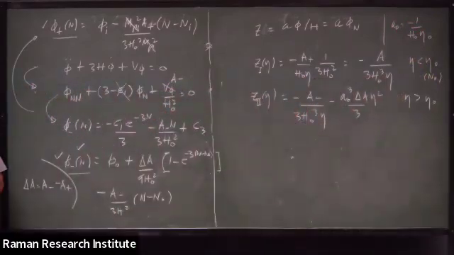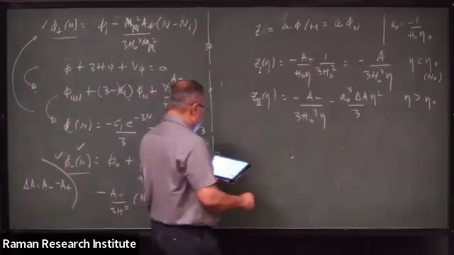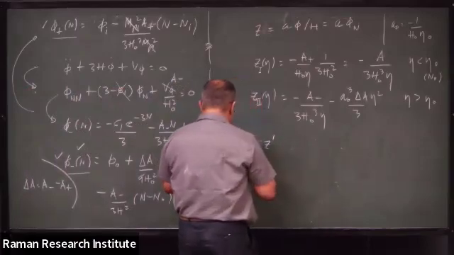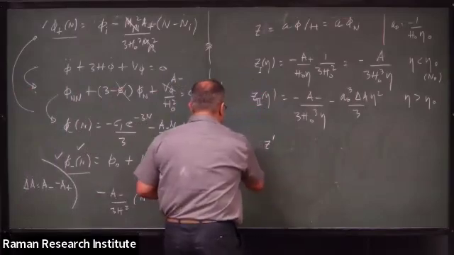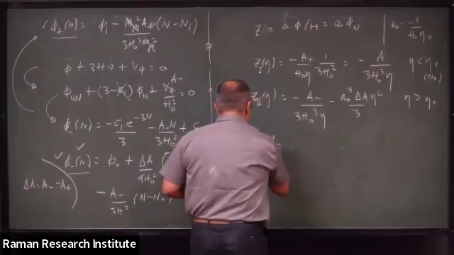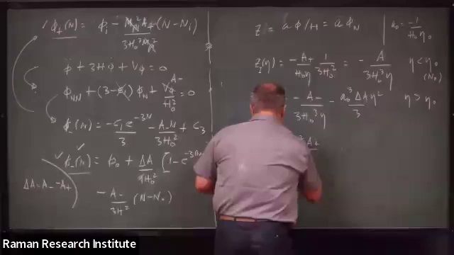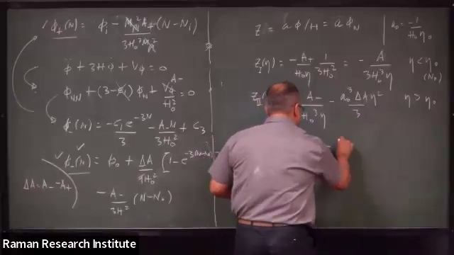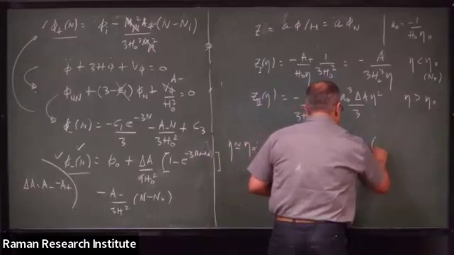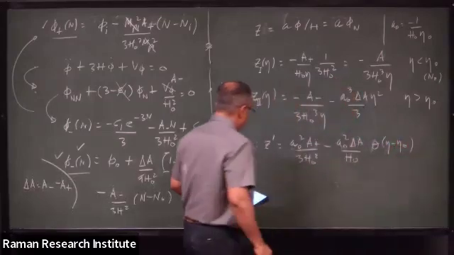All right. Now, what you find is that if you calculate Z prime near eta equal to eta naught, I'll let you do this. You get A naught squared A plus, divided by 3H naught squared, minus A naught squared delta A by H naught into theta of eta minus eta naught, right?